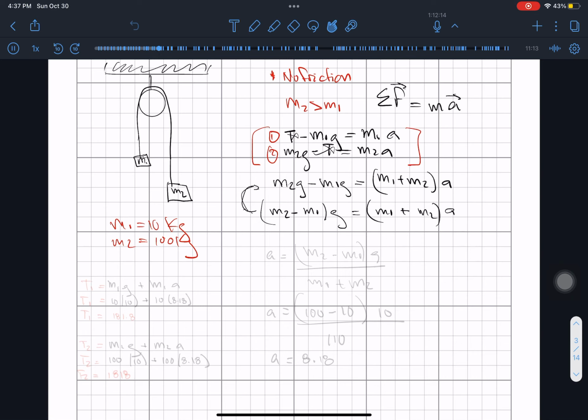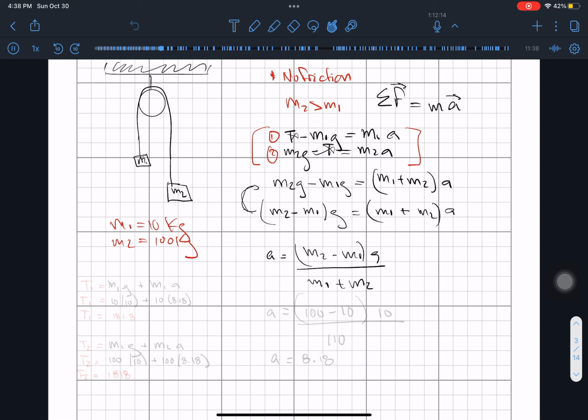Okay, so let's find the acceleration of the system. Acceleration is equal to m2 minus m1 times gravity over m1 plus m2.